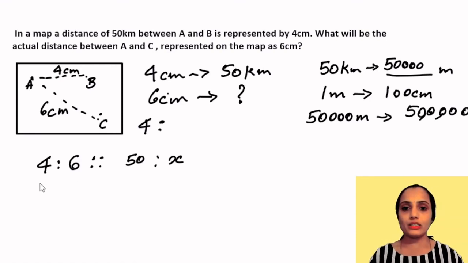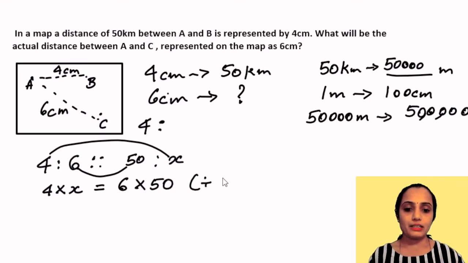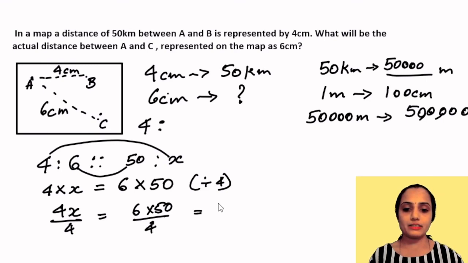Now again, looking at product of means is equal to product of extremes. The product of extremes is 4 into x, and that is equal to the product of means, which is 6 into 50. Now dividing by 4 on both sides, we have 4x divided by 4 is equal to 6 into 50 by 4. 2 is the common factor of 6 and 4.